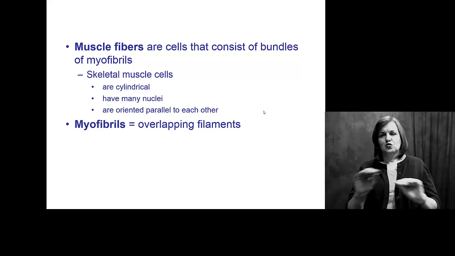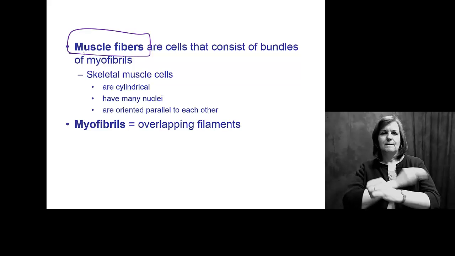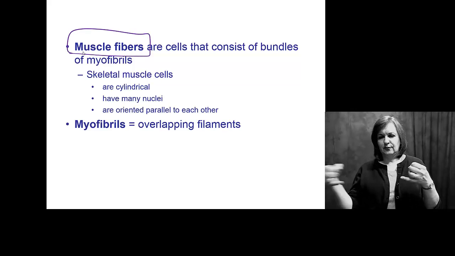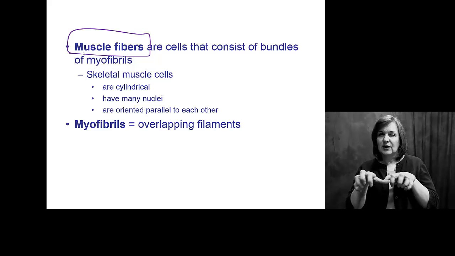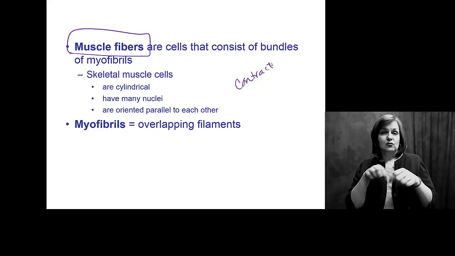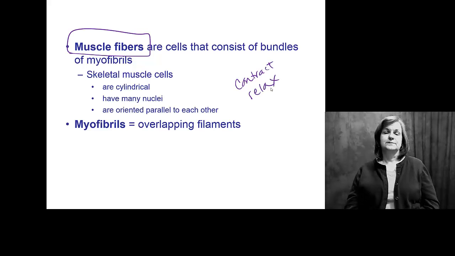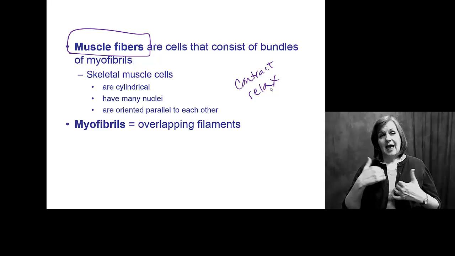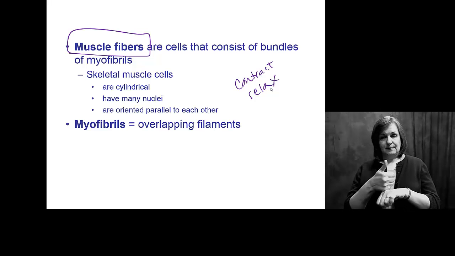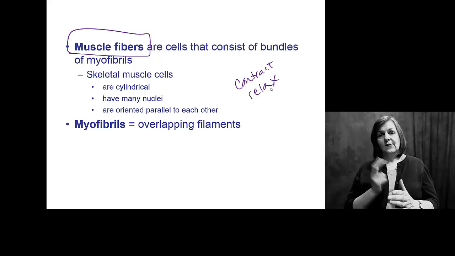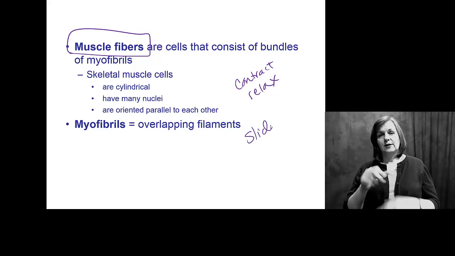We're going to focus now on muscle fibers, which are the actual contraction point for your muscle. If a muscle is going to move, it has to contract and relax. In order for it to do that, we actually have a system set up that's going to allow us to use what we call the sliding filament theory.